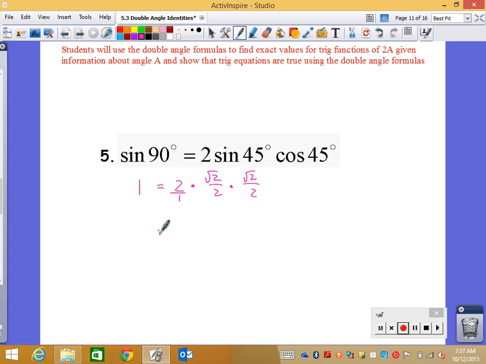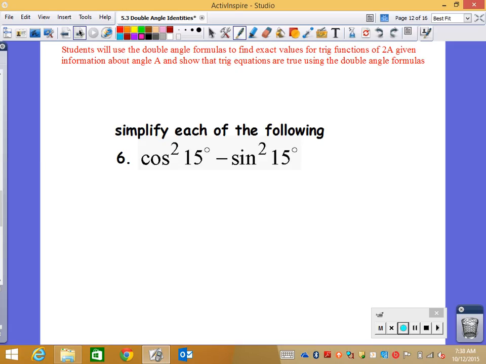So when I multiply across, 2 times root 2 times root 2, root 2 times root 2 is 2, times another 2 gives me 4, divided by 1 times 2 is 4, or just 1. Again, works out just fine. So there are a couple of concrete examples of these double angle theorems working out using exact values.